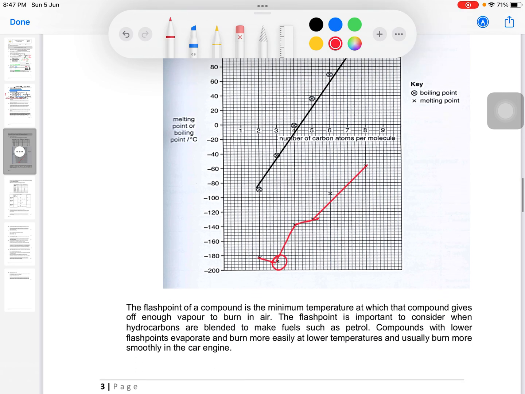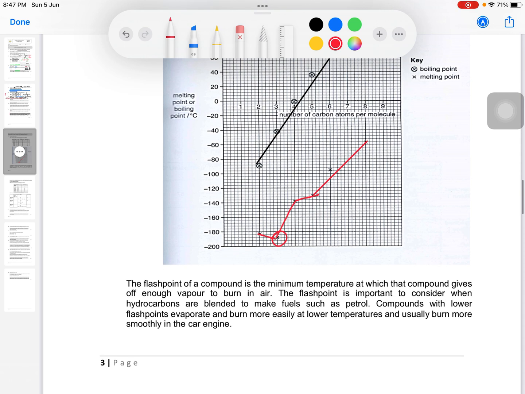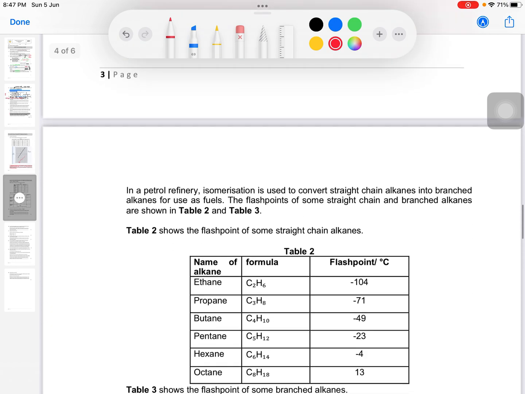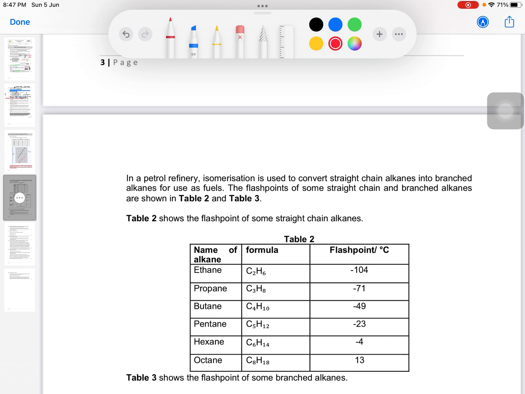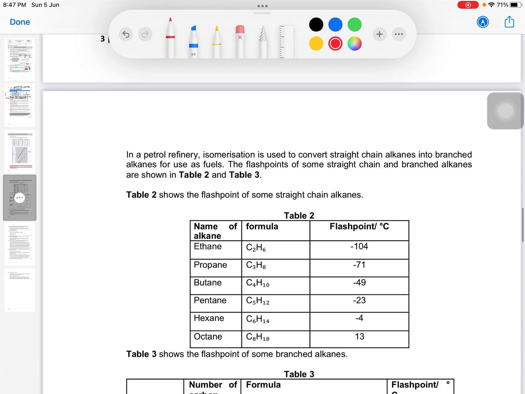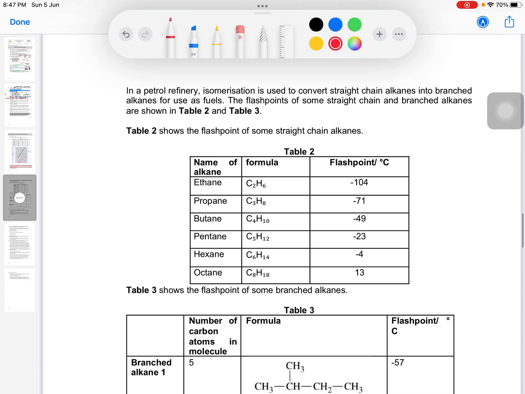They also specify the flash point is the minimum temperature at which the compound gives enough vapor to burn in air. It is important to consider when you are making blended fuels such as petrol: compounds with lower flash points evaporate and burn more easily, and can burn smoothly in car engines. So this is important. This section here shows the effect of isomerism. Table 2 is for straight chain alkanes.